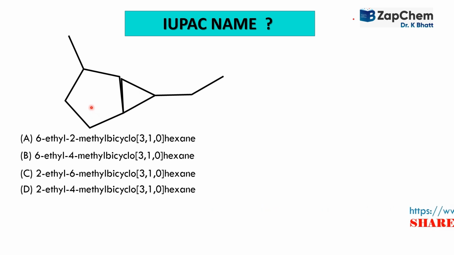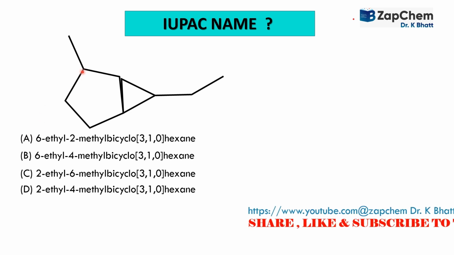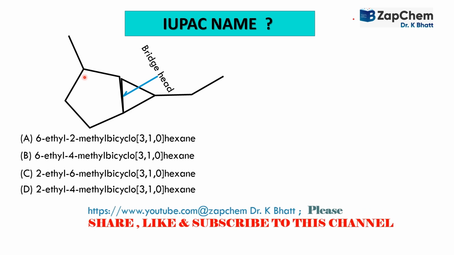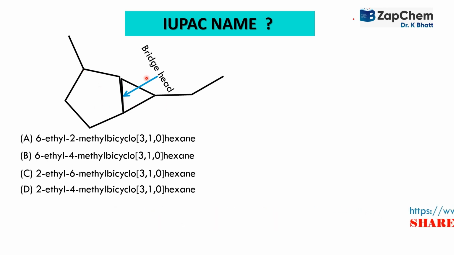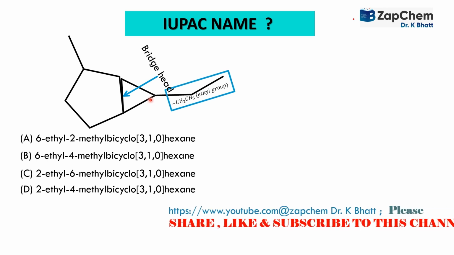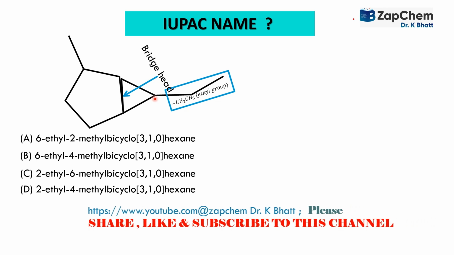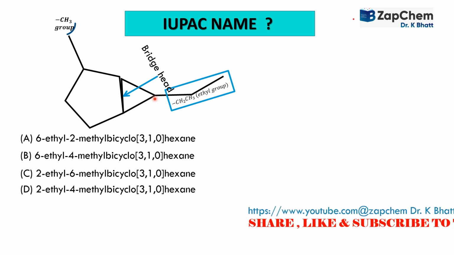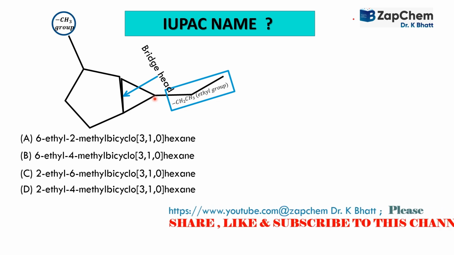In the complete structure, we find that there is a bridgehead, that is the common point as represented here, and there is an ethyl group, CH2CH3, attached here to the smaller ring, that is cyclopropane, and in the bigger ring a methyl group is attached.